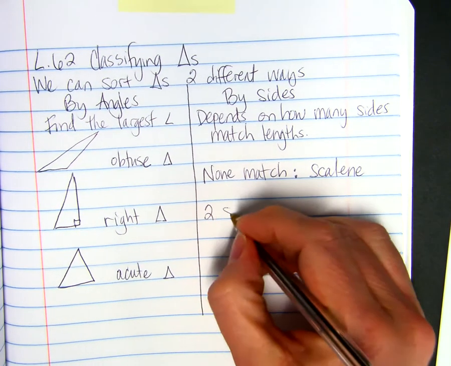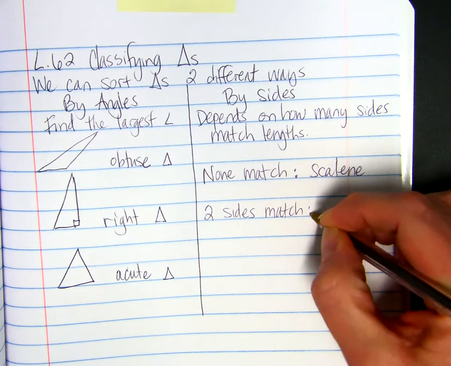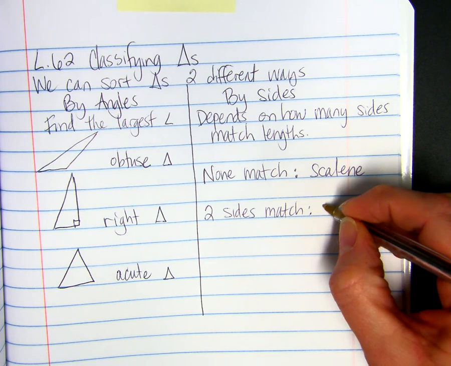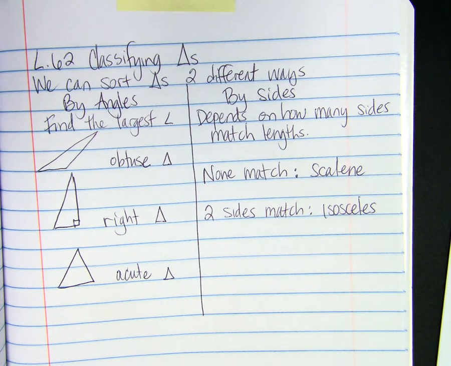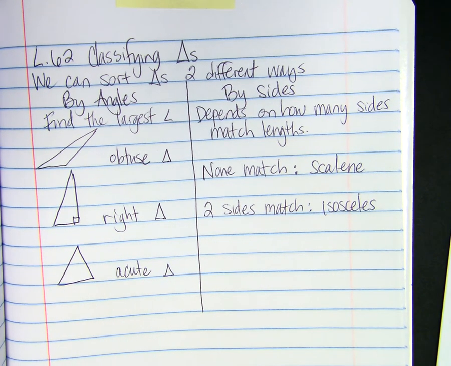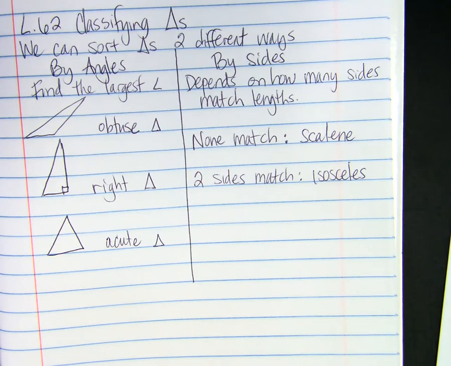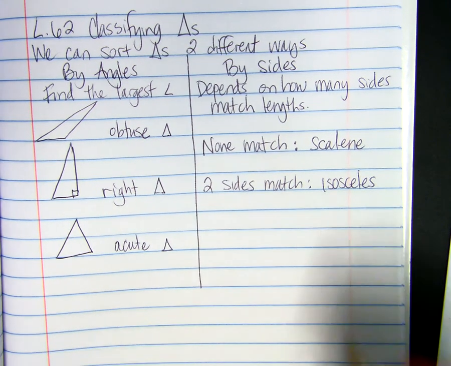If you have 2 sides that match or have the same size, it's called isosceles. And by the way, the definition of isosceles is 2 or more sides are congruent. So if you have 3 sides congruent, it's isosceles.